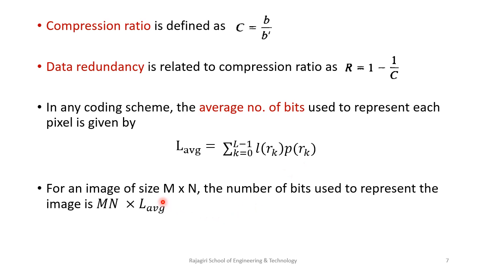For an image of size m cross n, the number of bits used to represent the entire image is the size of the image, mn, times the average length.